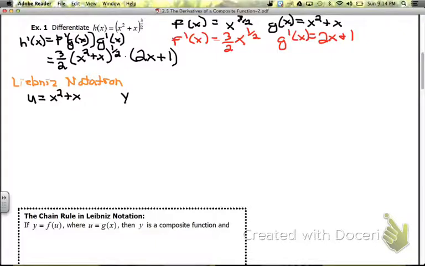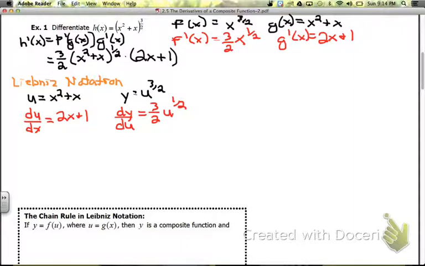And y in this case is going to be equal to u to the power of 3/2. So our first step here is that we want to take the derivative of u in terms of x, which we will get 2x plus 1. You'll notice that's the same as when we took the derivative of g prime of x. And similarly, we're going to take the derivative of y in terms of u. So this would be equal to 3/2 u to the power 1/2.